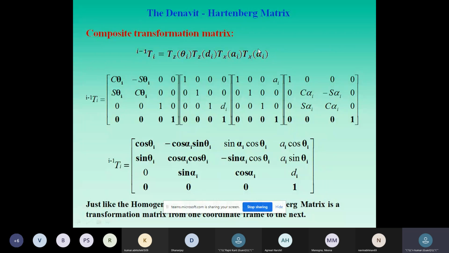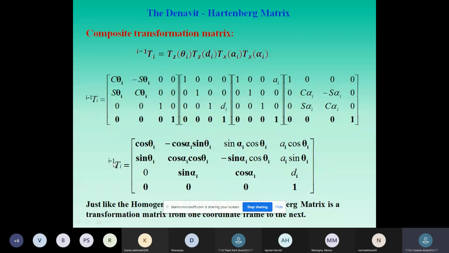Rotation about the x-axis first by alpha i, then translation along the x-axis by ai, then translation along the z-axis by di, then rotation theta i about the z-axis. This is the main matrix which relates frame i and i minus 1.